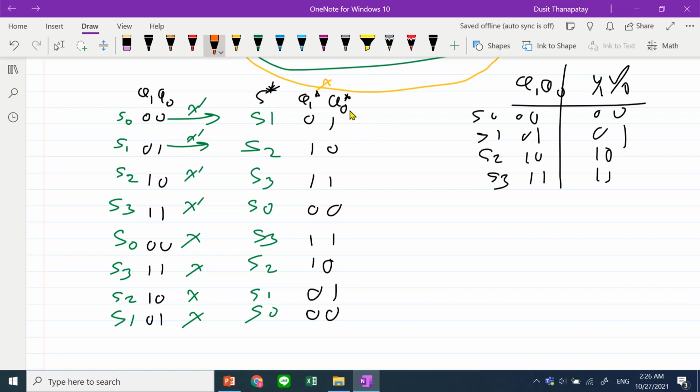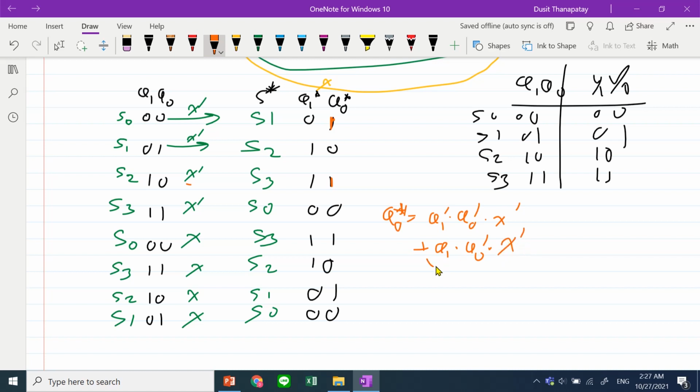First, for Q0 star. Q0 star is what? This logic 1 is from state 0, or state 0, 0. So you can write it as Q1 prime and Q0 prime and X prime. This logic 1 is from 1, 0, so it's Q1 and Q0 prime and the input condition is X prime.